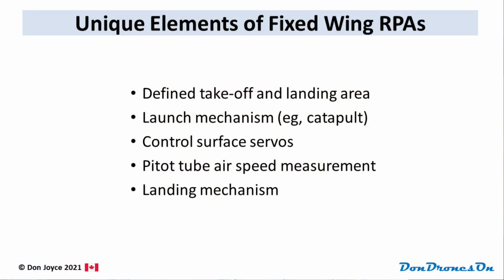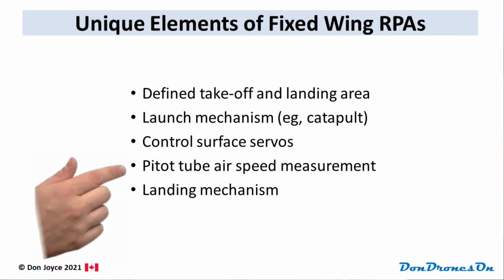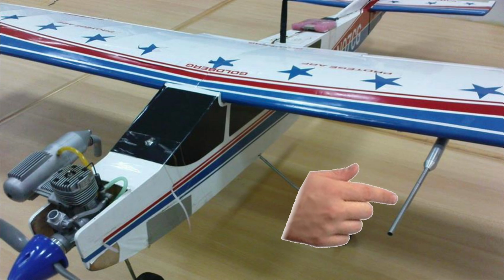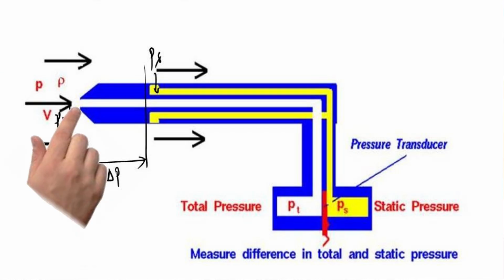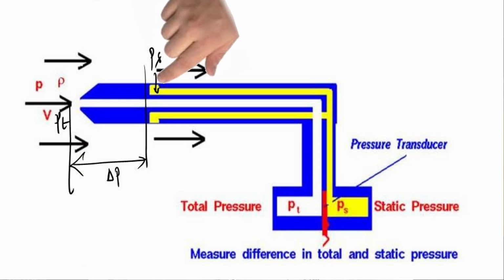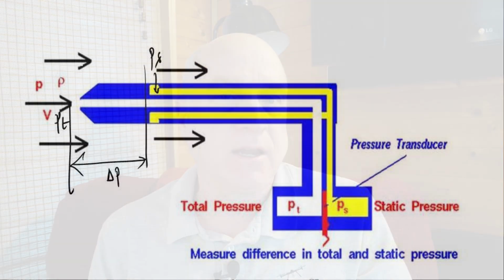While in flight, fixed-wing RPAs sometimes use a pitot tube mechanism to measure airspeed, which of course is crucial for ensuring the relative airspeed over the wings is sufficient. Pitot tubes compare the dynamic air pressure forced into the end of the pitot tube to the static air pressure to measure the airspeed. This airspeed is called the indicated airspeed.